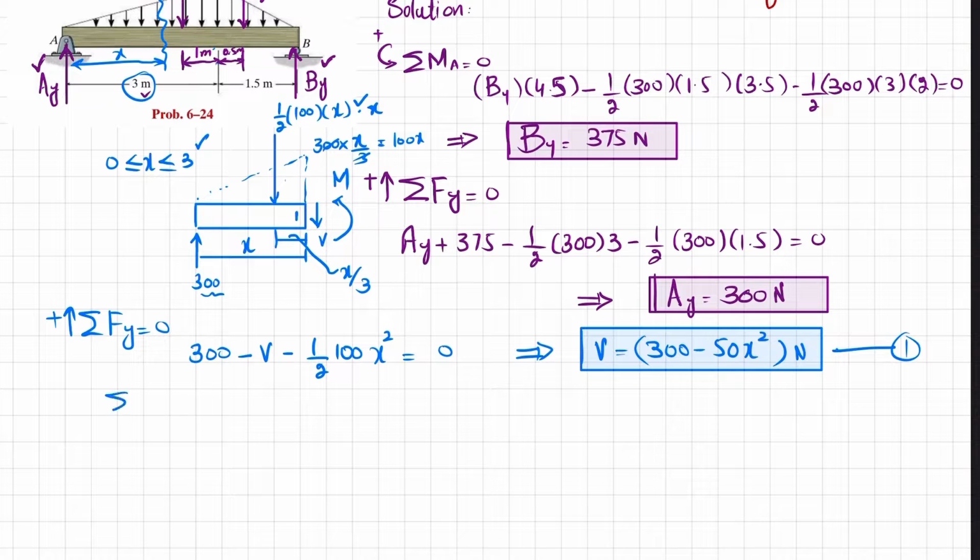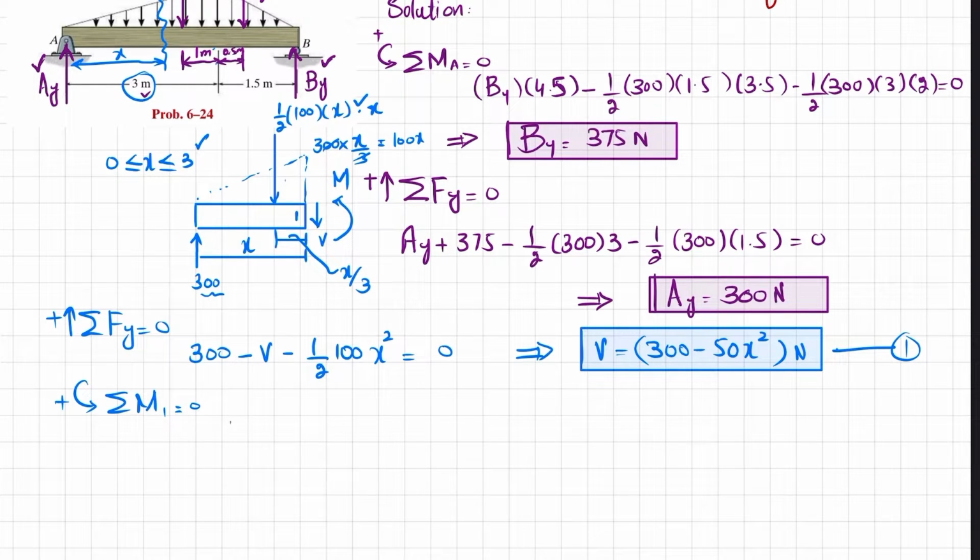Now we will apply the second equilibrium condition, that the sum of all moments about point 1 is equal to 0, taking the counterclockwise moment as positive. The first moment is 300 into perpendicular distance 3. The second moment is due to this force, with perpendicular distance x by 3, and the third moment is M. Their sum must be equal to 0.